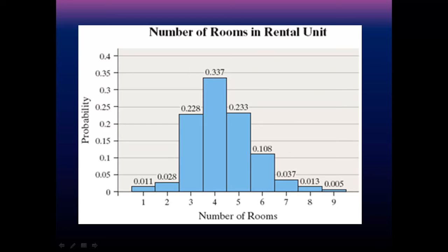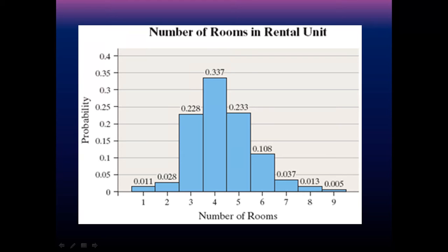So we started this topic with bar graphs and histograms. What we really wanted to end up talking about is actually this, a probability histogram. Say you're trying to look for a room rental unit: it's easiest to find a 4-room rental unit. It looks like the probability of finding that is about 33.7%.